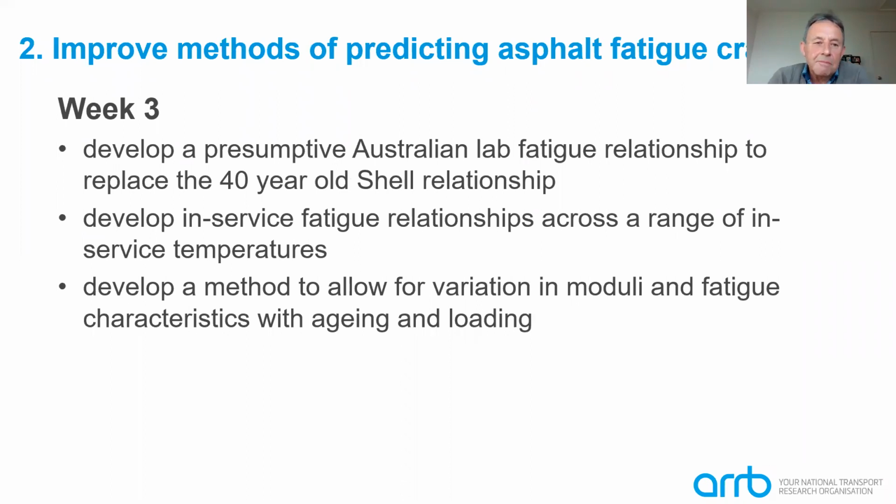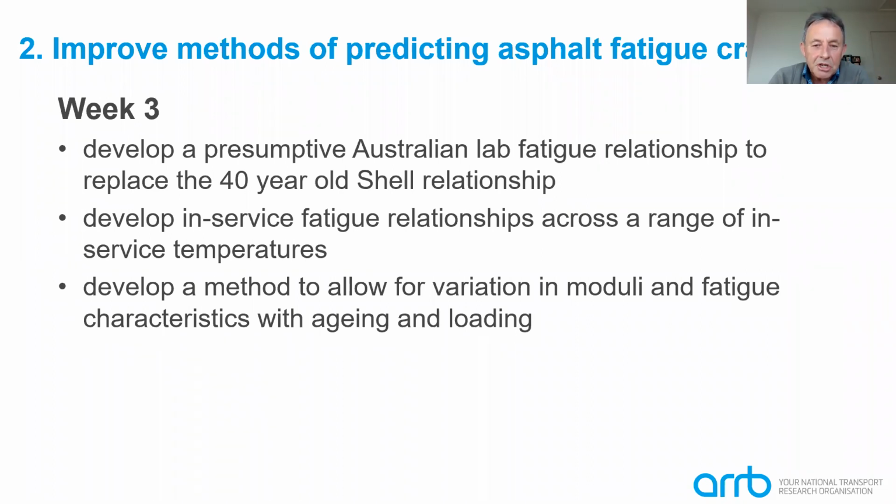The next major area is improved methods of predicting asphalt fatigue cracking. Fatigue cracking is the common distress type that limits the pavement or dictates the pavement thicknesses in a lot of our pavements. So it's a critical distress type that we design for. And in week 3, we discussed some of the characteristics we use in design.